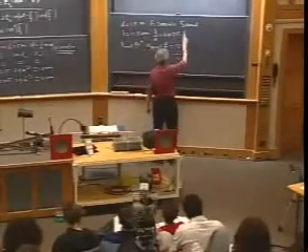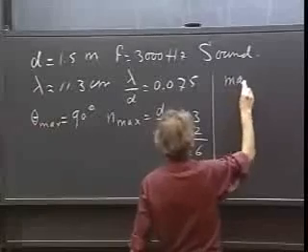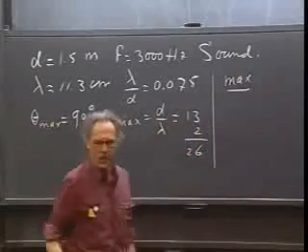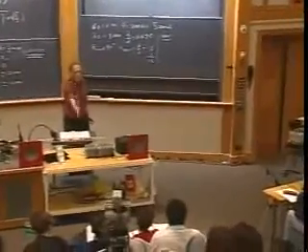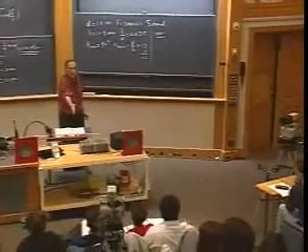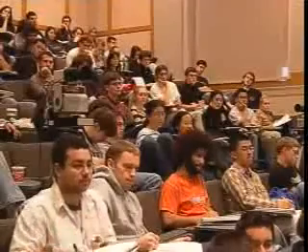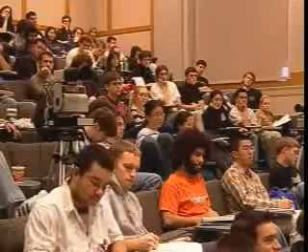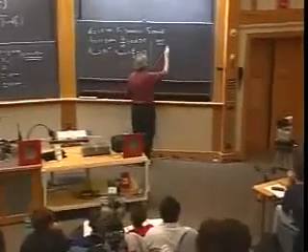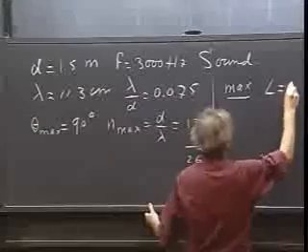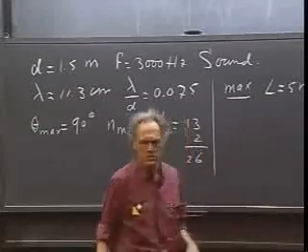So I will go now for the maxima. I know that at theta 0, right here, all of you sitting here must hear a maximum in this plane. Now the question is, where is the next maximum? Well, the next maximum depends, of course, on how far you are sitting away from me. So I take the students which are about 5 meters away from me.